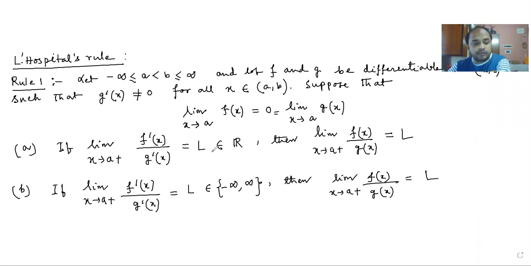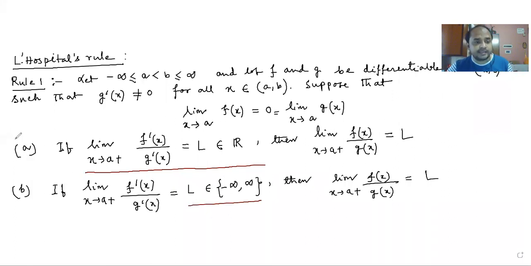One thing you have to check: as I have written, limit x tends to a plus of f dash x by g dash x equal to capital L, this capital L can be any real number, so I have written it belongs to R. But here I have written that capital L is either minus infinity or plus infinity. So these two things are actually different.